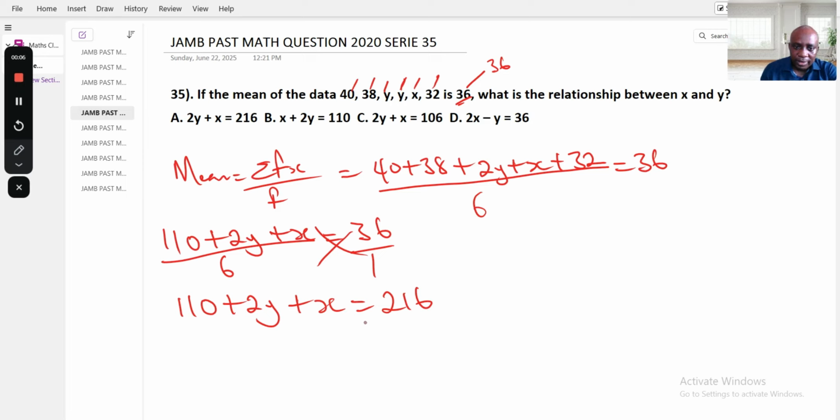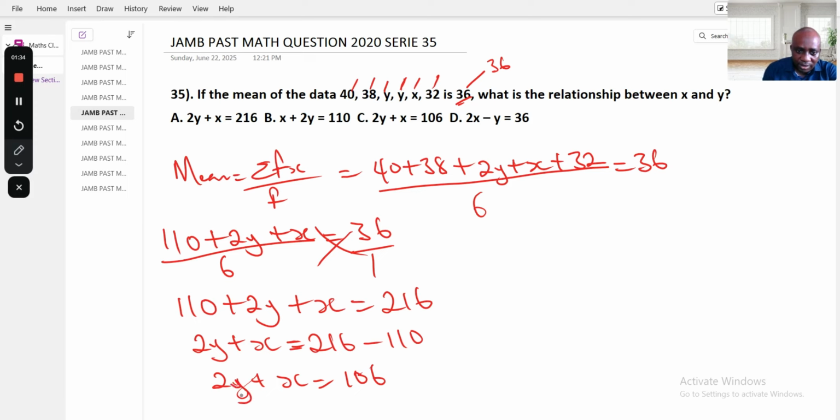Let's collect like terms. Let's bring 216 to this side. Therefore, we have 2y plus x equals 216, and this 110, by the time it jumps, it will change to negative 110. So 2y plus x equals 216 minus 110, which gives us 106.